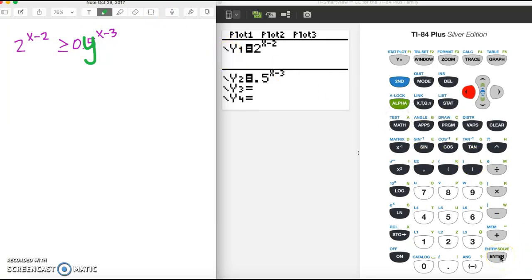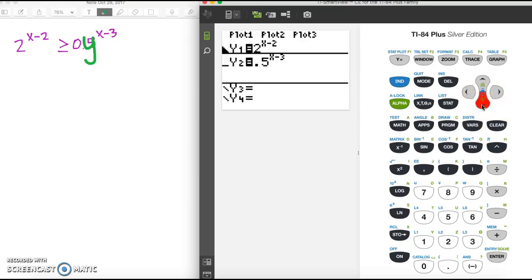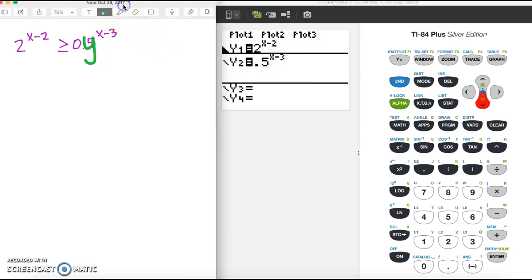Once I have that highlighted, I'm going to hit enter. That's not below. Hit enter one more time. That's shading below, so I want to keep that there. Let's do the same for the second equation. This time we're going to pretend that the other equation is just the y.